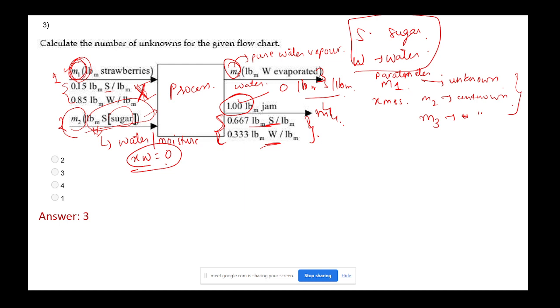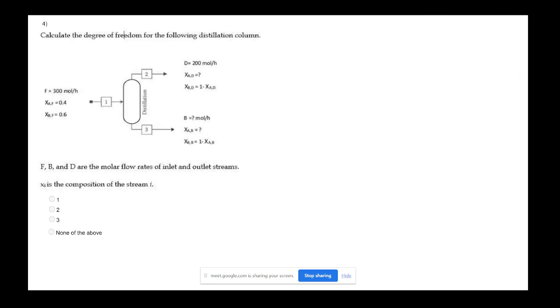So I hope I am able to explain and you have got my point. Now moving forward to the next question. Here you need to find out the degrees of freedom for the particular distillation column that you are given. So what data you need for calculation of degrees of freedom?